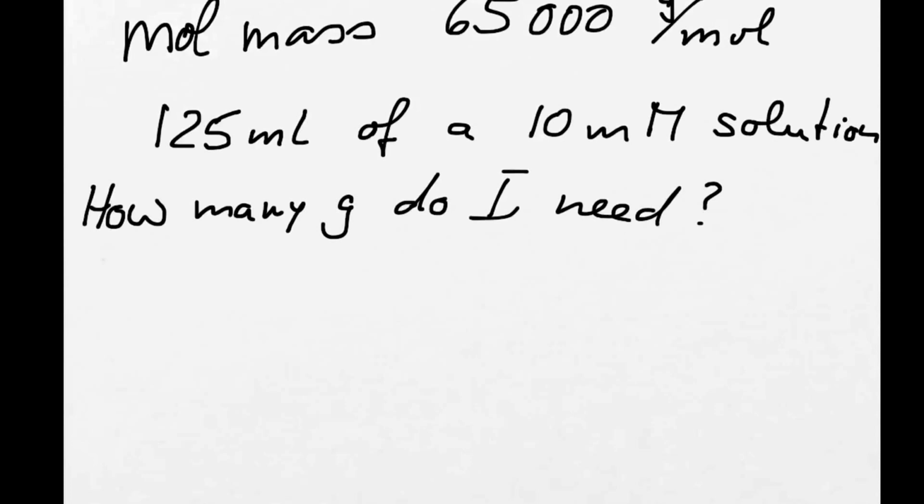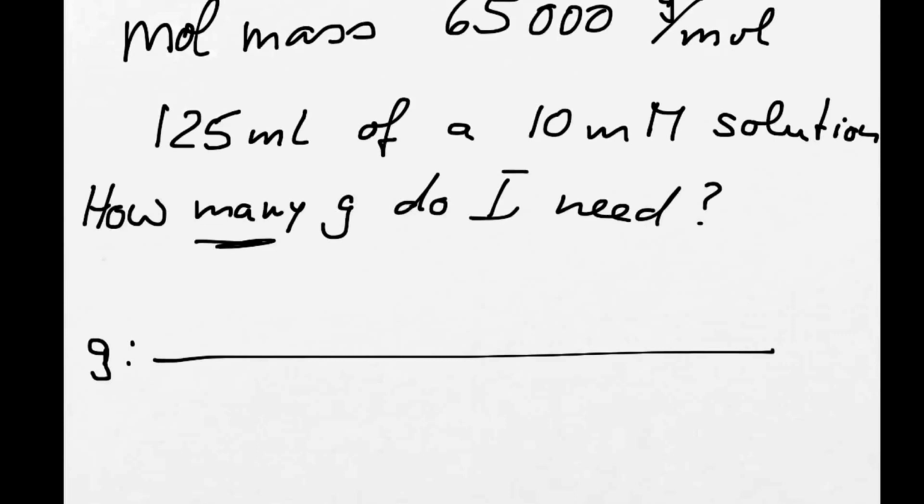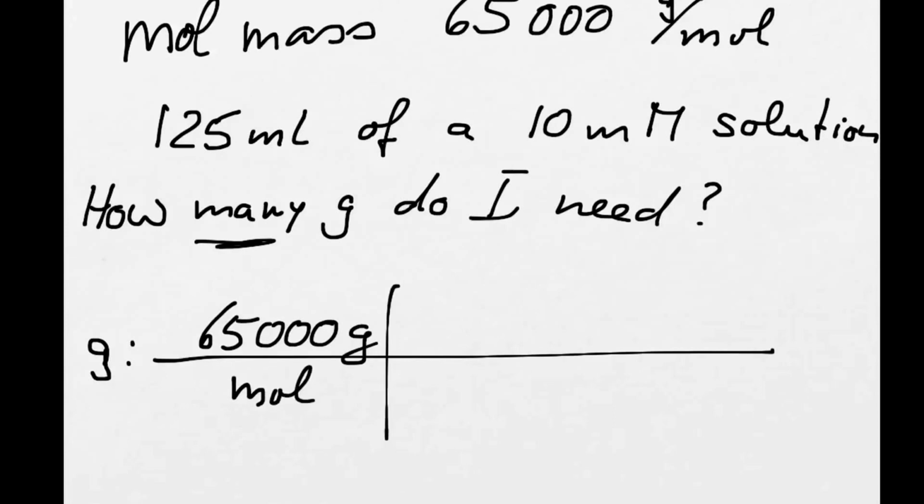Right, what are we looking for? What's the unit? Grams. So we have grams. Grams anywhere? 65,000. Gram is luckily on top, so we have to write the mole down here. Gram per mole. Do we have any moles anywhere?